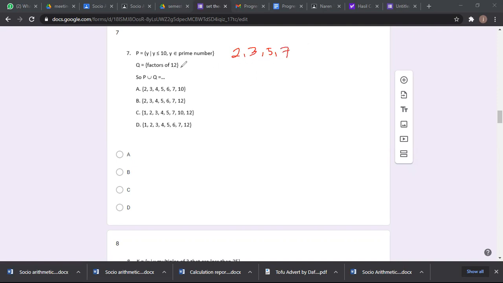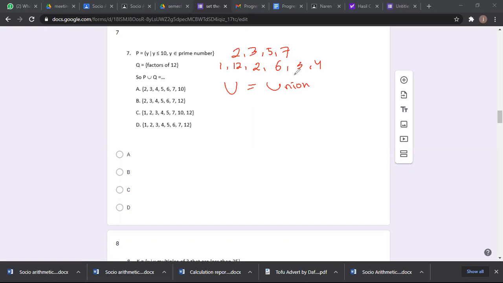And then the factors of 12, I can write 1, 12, 2, 6, 3, 4. So which one is P union Q? This is called union.